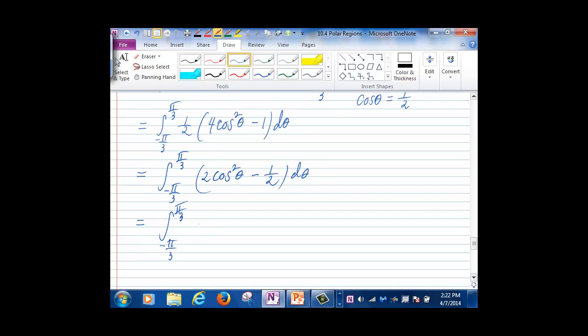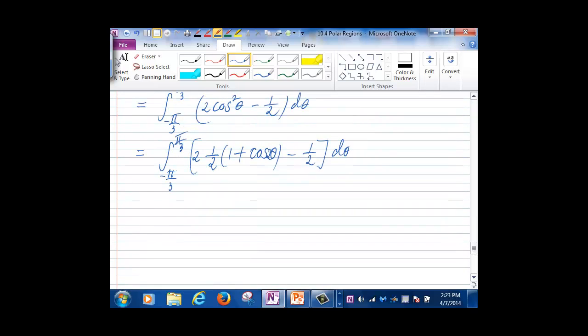Yeah, so we will replace cosine squared of theta by half of 1 plus cosine of 2 theta, minus a half, and we have negative pi over 3 to positive pi over 3.